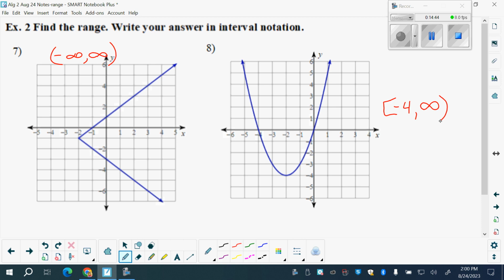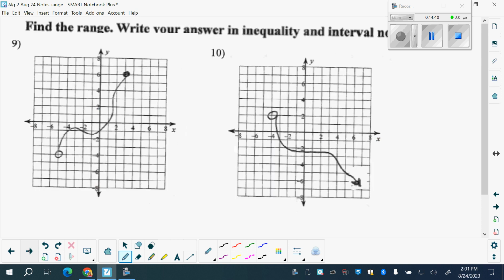You guys still looking at this? Okay, now we're going to find the range, and we're going to write it in both inequality and interval notation. So, what's my smallest here? Negative 4. So this y value is a negative 4, less than y.